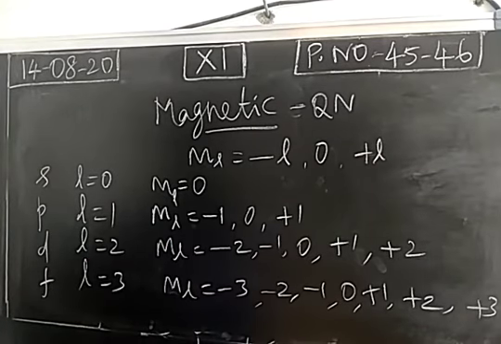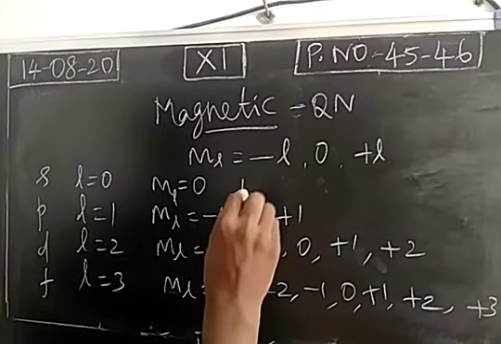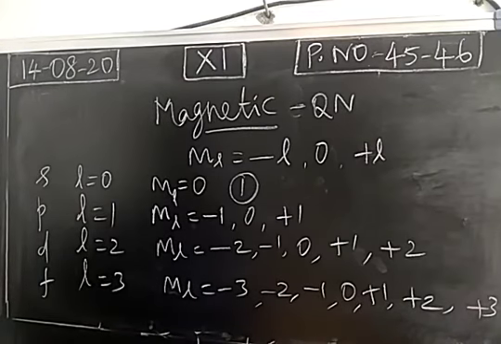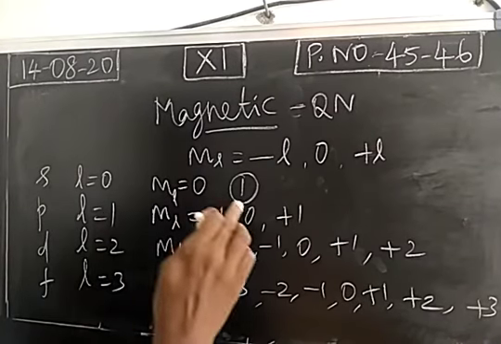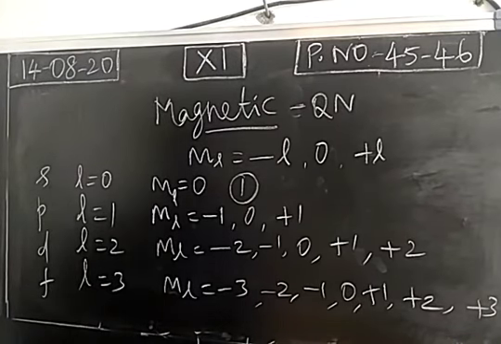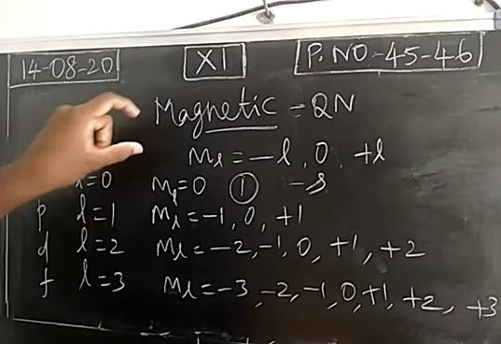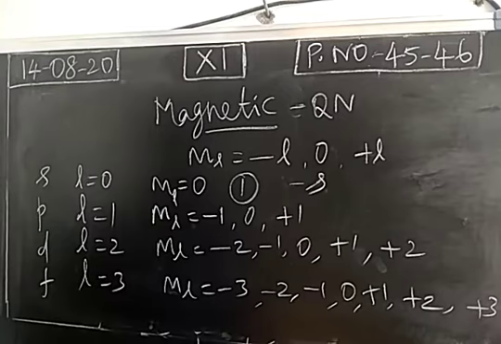Only one, magnetic quantum number 0. So how many orientations? Only one orientation. So the S subshell has only one orientation, and this is called the S orbital. The magnetic quantum number says the orientation of the subshell, which is nothing but what? Orbital.